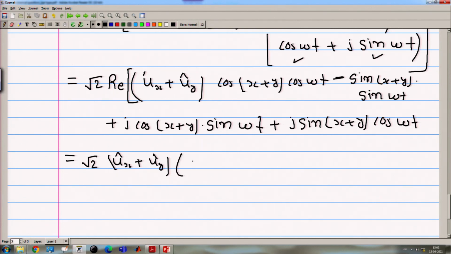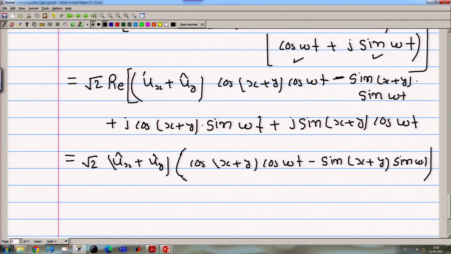So, this will be cos of (x plus y) cos omega t minus sin of (x plus y) sin omega t. So, this will be in the bracket. So, this is the answer for the third part. Thank you.